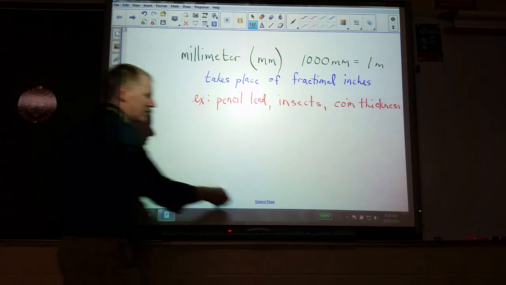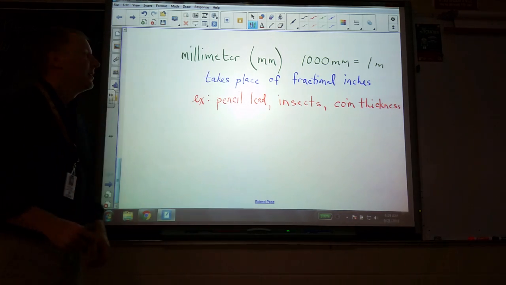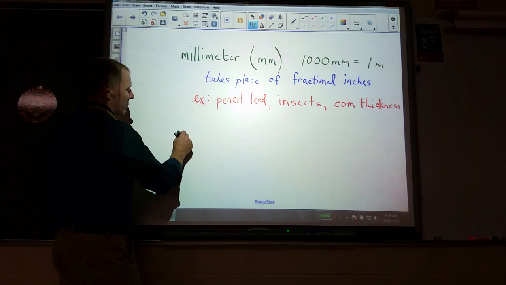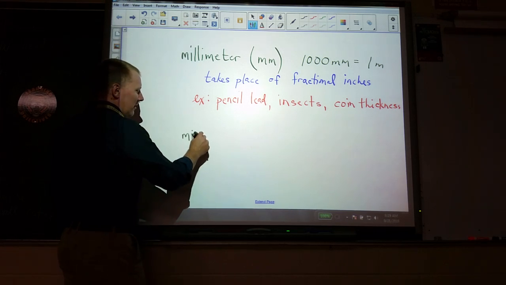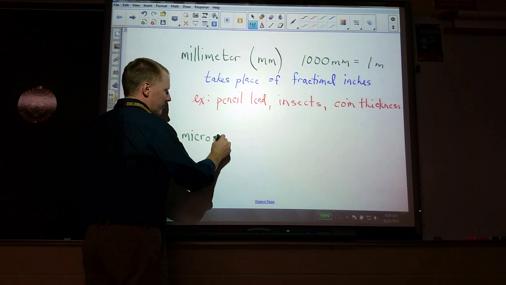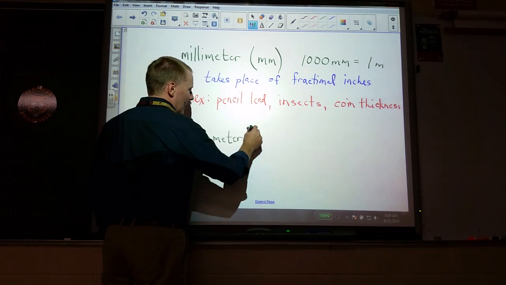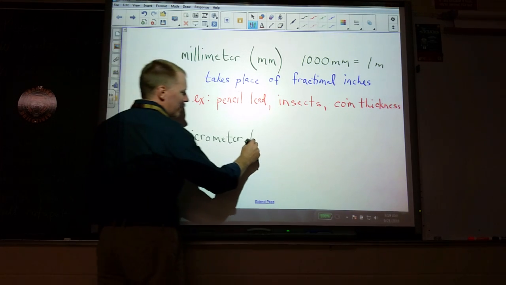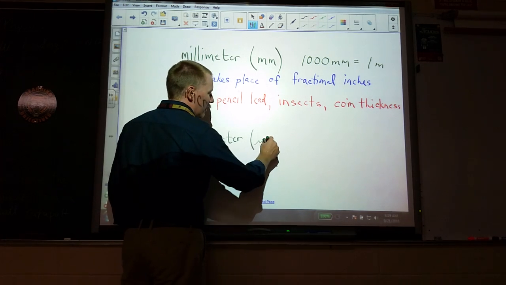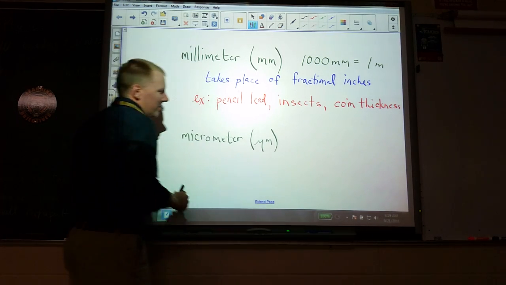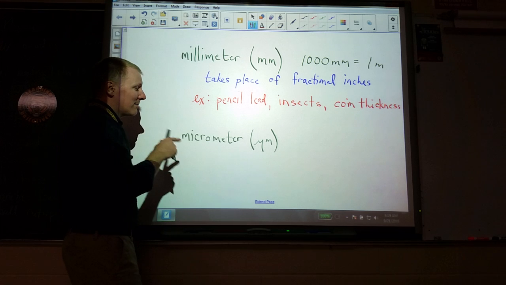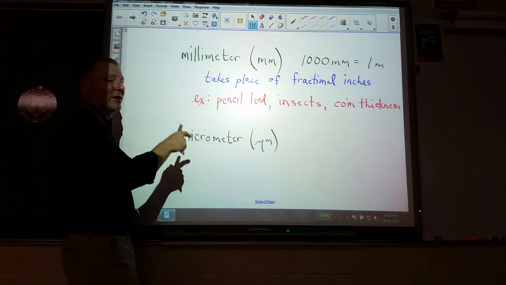So good examples. We're going to do one more for length, which is micrometers. And that one, the micro gets the little kitten sound, mu. We would just say it micrometers. But this micro means 1/1,000,000th.